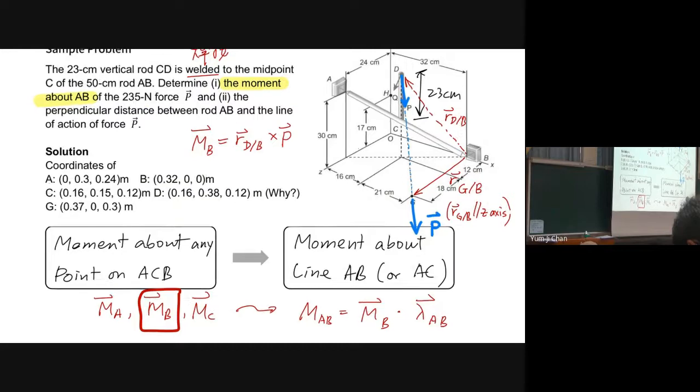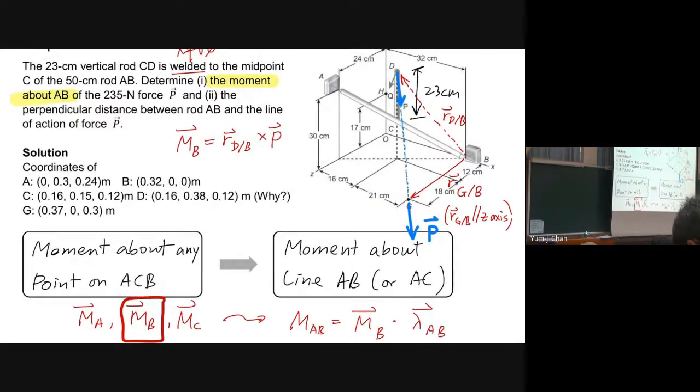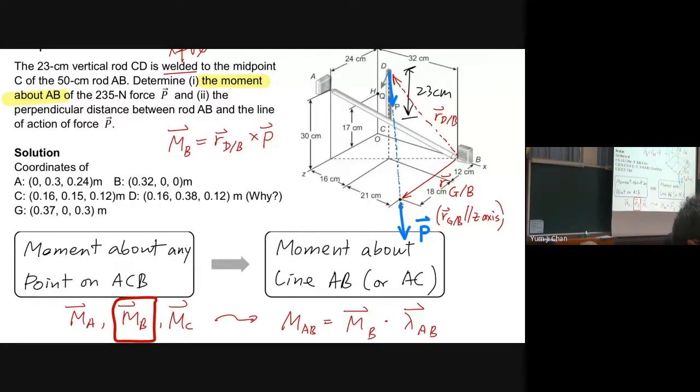Is that okay? Because the line of action of P is along DG, we can move the force to the front and go to here.